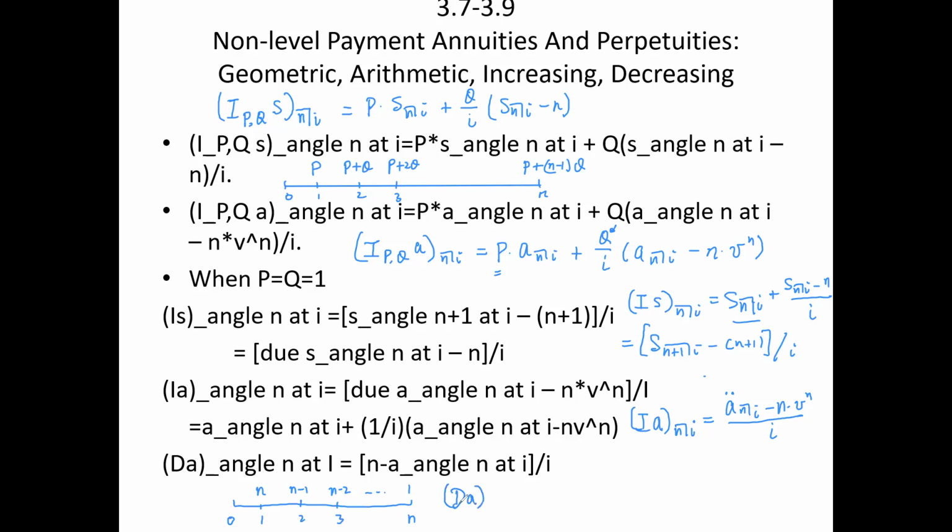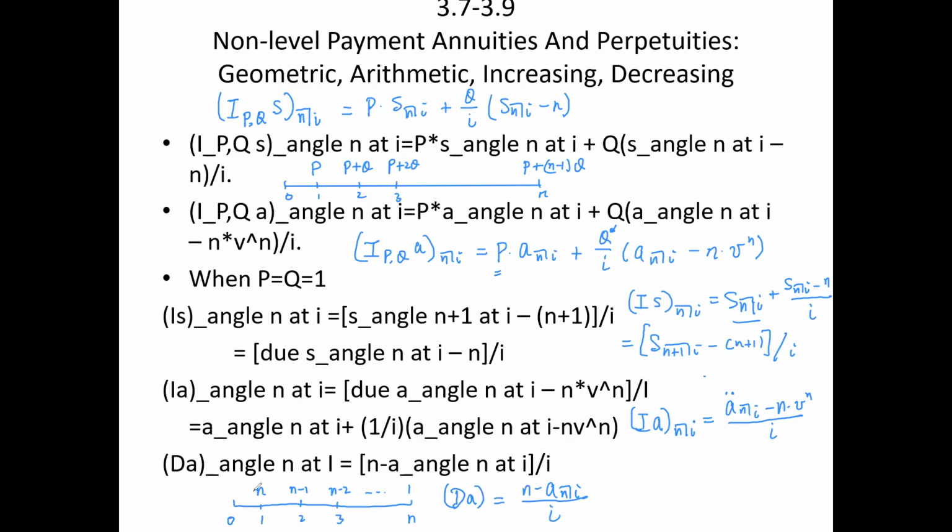The notation DA is the present value, and it equals n minus a sub n angle I over I. Okay, that's the formula for the arithmetic progression with P equal n and Q equal negative 1.